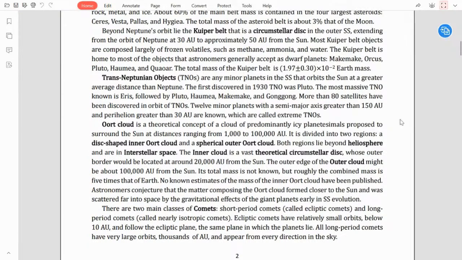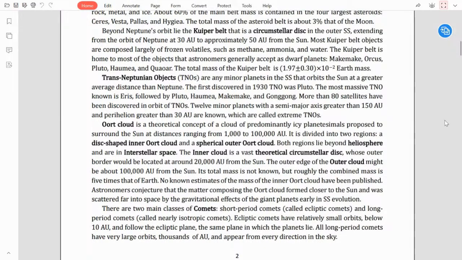More than 80 satellites have been discovered in orbit of trans-Neptunian objects. 12 minor planets with a semi-major axis greater than 150 astronomical units and perihelion greater than 30 astronomical units are known, which are called extreme trans-Neptunian objects.